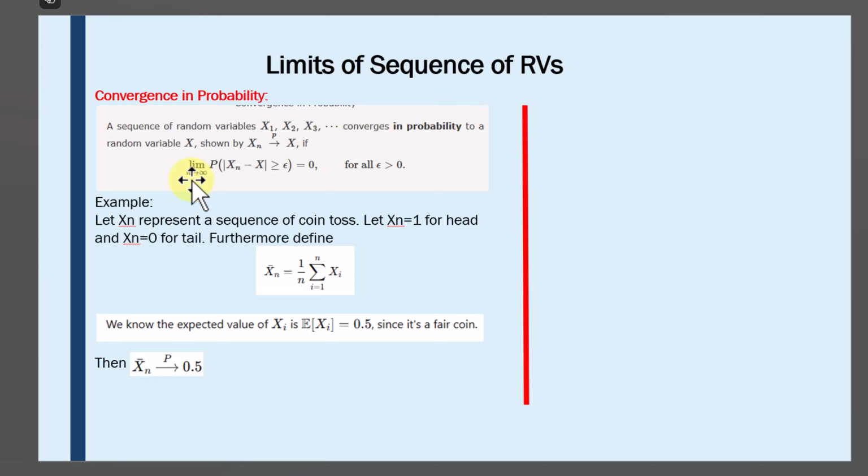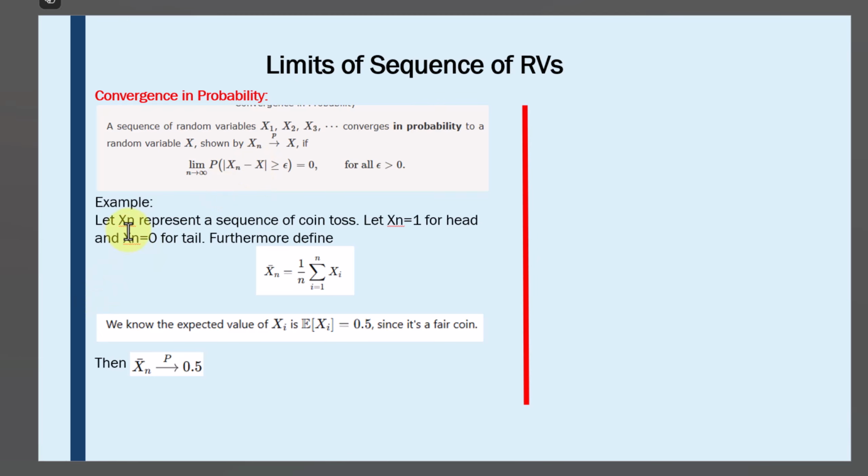As n goes to infinity, the chance that Xn departs from X goes to 0. That means the probability that Xn goes away from X approaches 0. In other words, putting it in reverse order, as n increases, the probability that Xn gets closer and closer to X is almost sure.